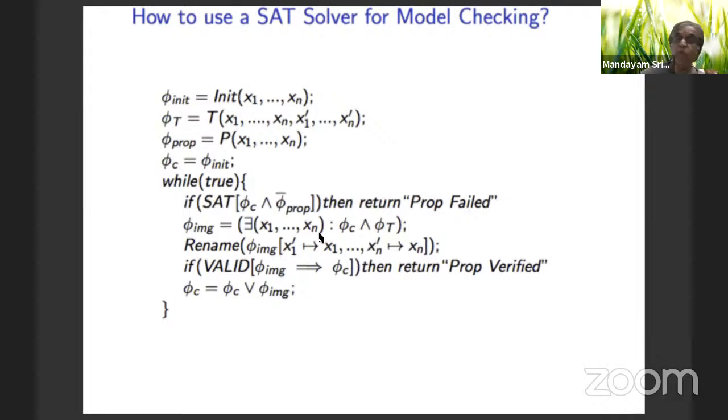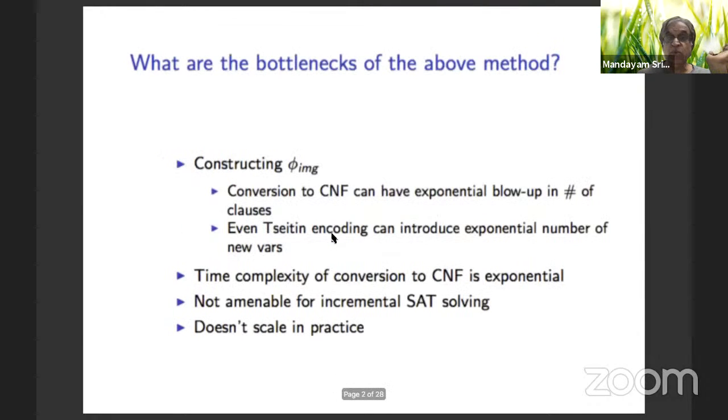So that's a naive way of doing it. Okay, so in principle you can do this, and you can use a SAT solver to do it.